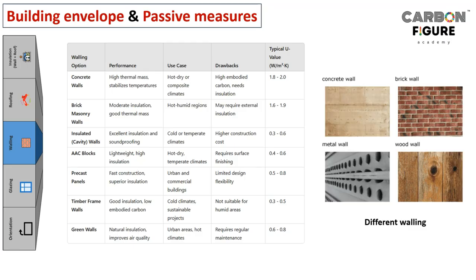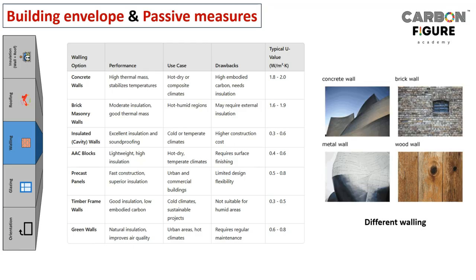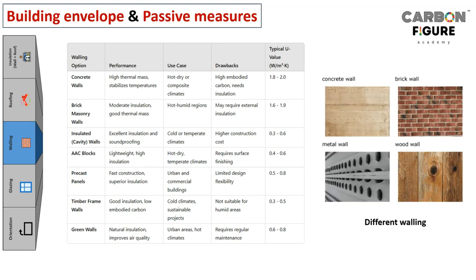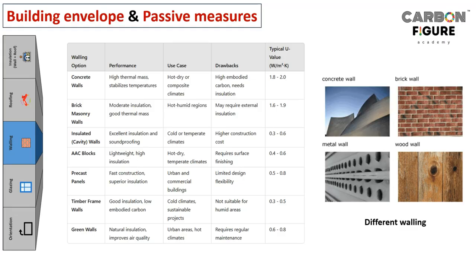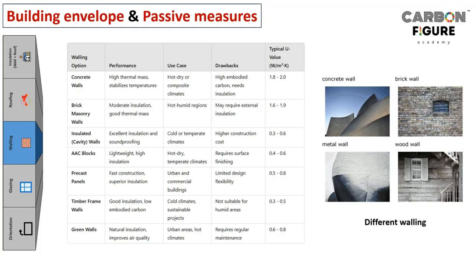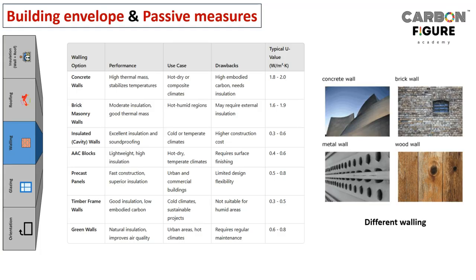So that is why they say higher construction cost. But the U value matters. It is drastically down compared to typical brick masonry walls. Same brick masonry, if you follow the cavity wall system, can you see the difference in U value? It is 0.3 to 0.6.